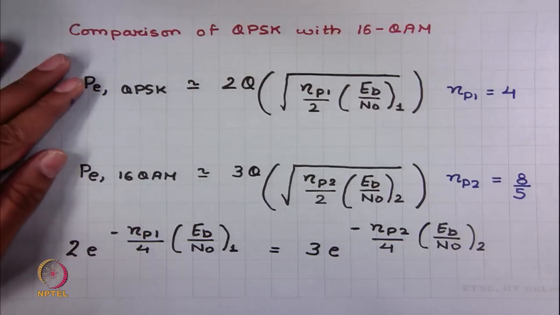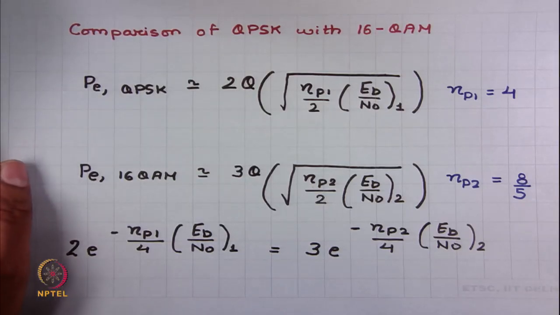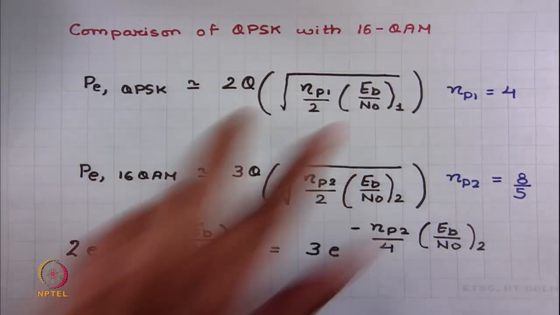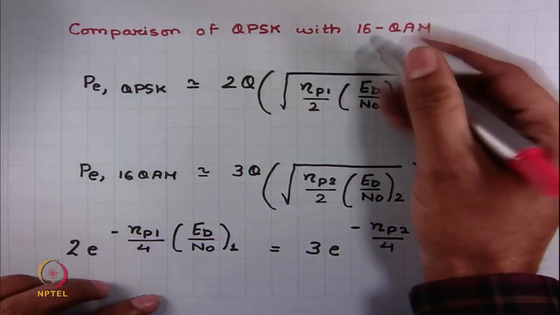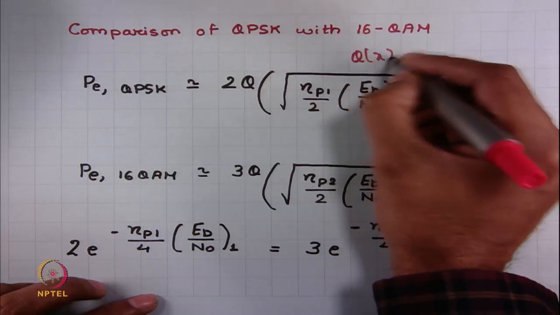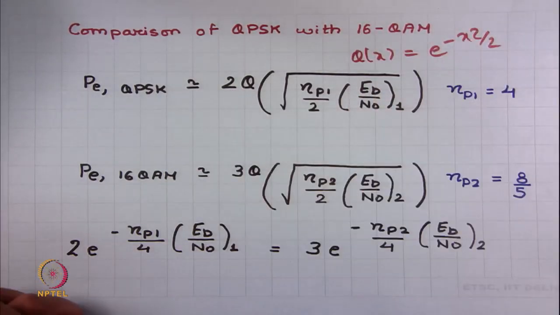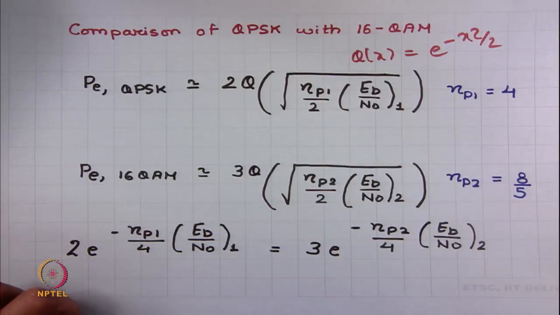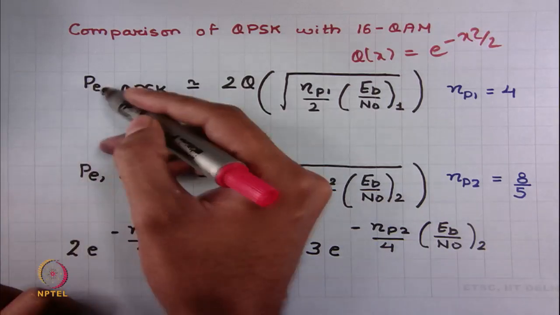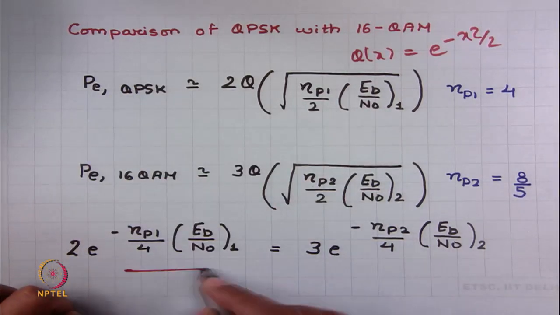So, if we want the probabilities of error to be the same, and this happens given my Eb/N0 is suitably large, I can approximate this function as this function, where same as in the last lecture I am using the relationship that Q of x is approximately e to the power minus x square by 2 for large x. Thus I can convert this to this expression for large Eb/N0, and for these 2 modulation schemes to have the same probability of error, this should be the same as this.